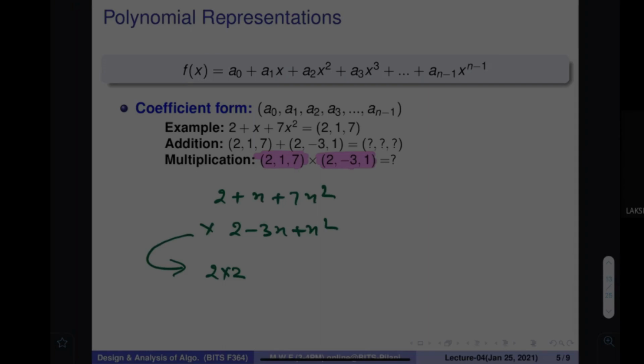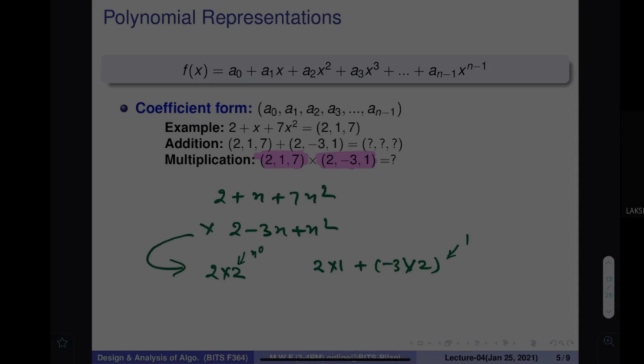Then this 2 would be multiplied over for the x, so it becomes 2 multiplied by 1, plus minus 3 multiplied by 2. Am I right? This is for the constant term, x to the power 0. The x to the power 1 term can be found this way, when you multiply minus 3 with the 2 and 2 with the x.